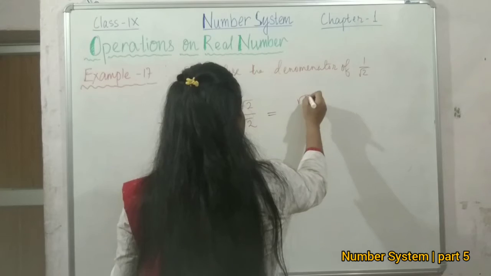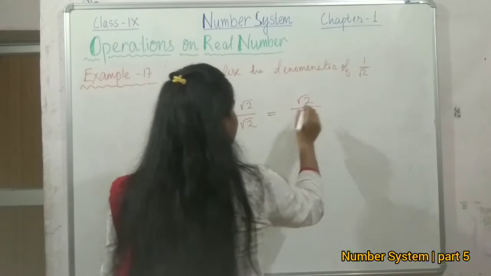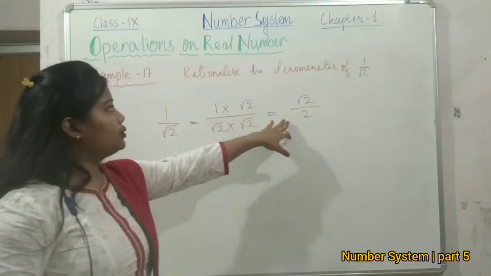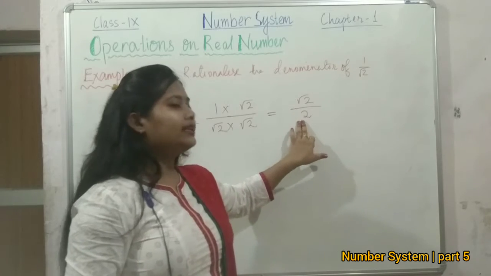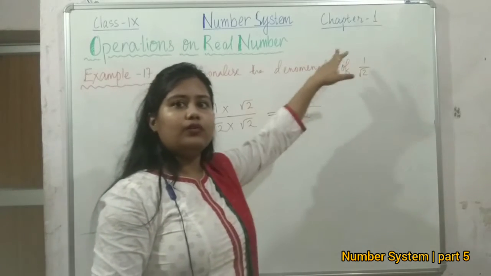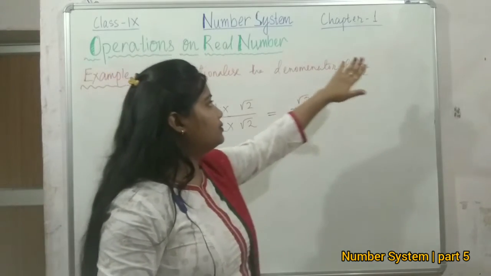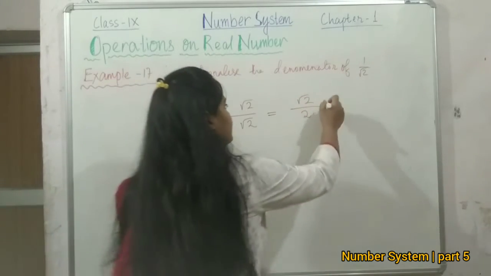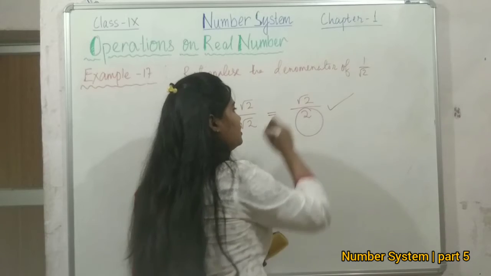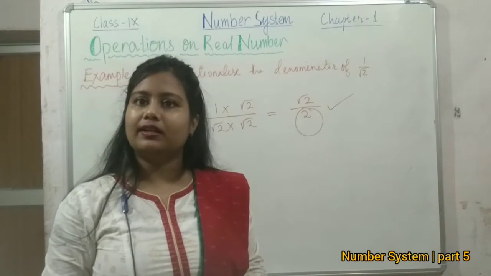So this is root 2 divided by 2. Now root 2 by 2 is an equivalent fraction of 1 upon root 2, and this is the rationalized form of this fraction. So this is the answer, and see here the denominator is a rational number.